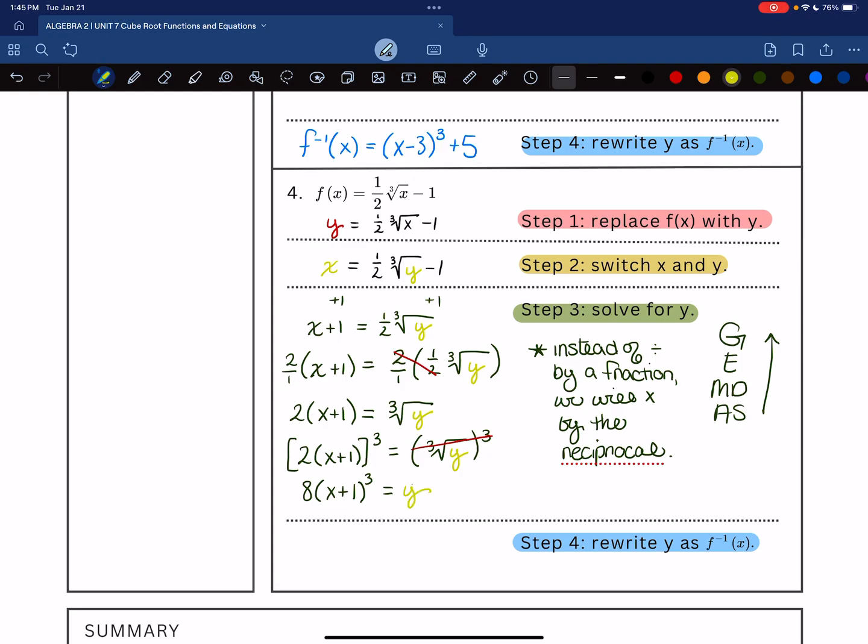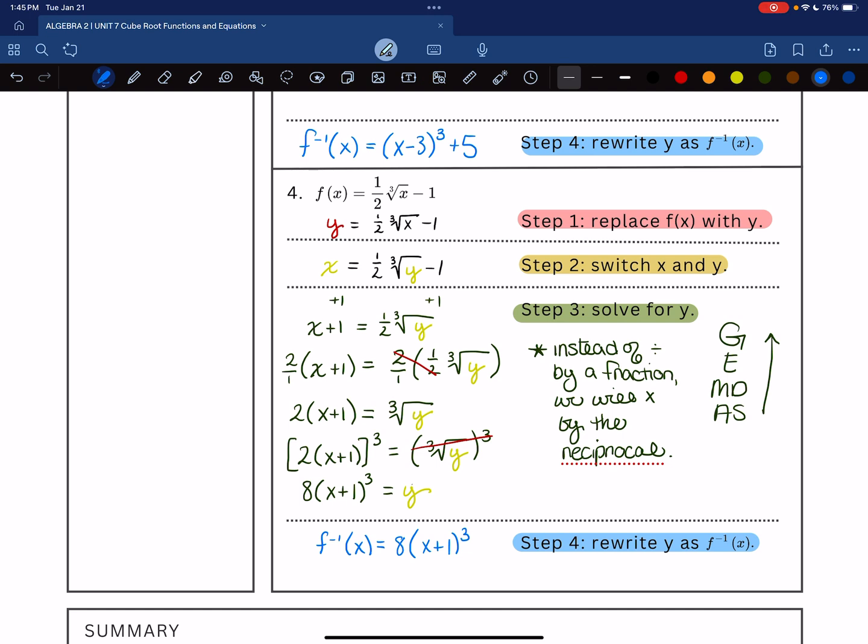Now we've got our y by itself. Thank goodness. Okay, so now instead of y, we'll write f inverse of x. There we go. That would be the inverse.